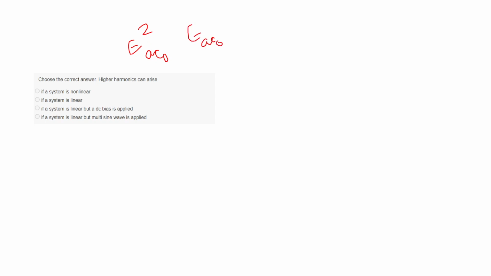So basically, it is not linear. When the system is not linear, what we expect is, if the system is linear, you will have something of the form A plus Bx output, where x is the input.